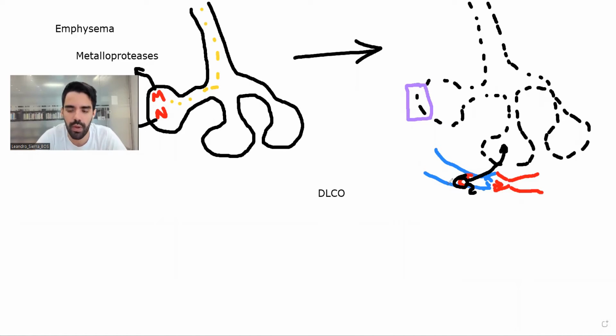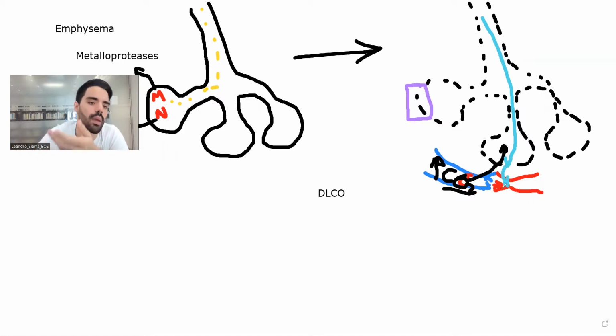So we will have the CO2 from here to inside the body, to outside the body. So what we will have here is an increase in the CO2 inside the body, but we cannot also pass the oxygen that came from the environment to the alveoli, to the capillary walls, causing a hypoxemia again.